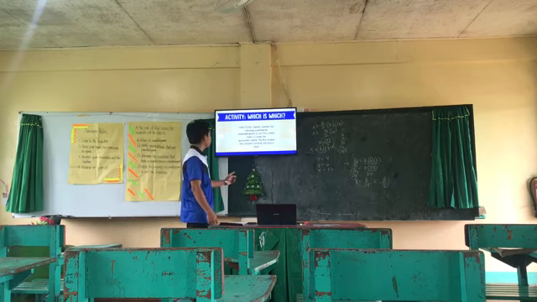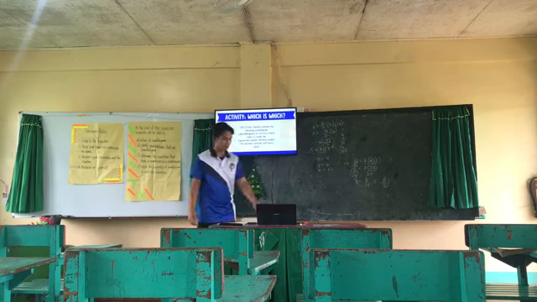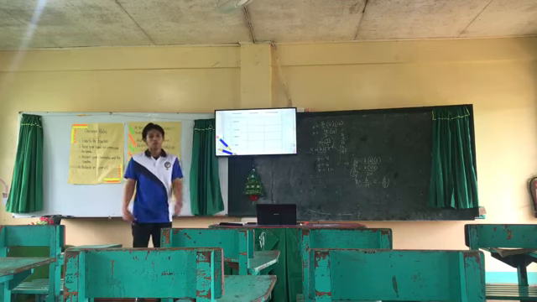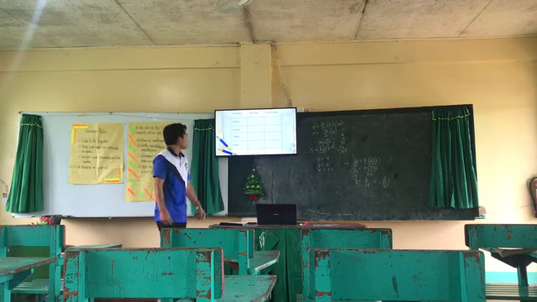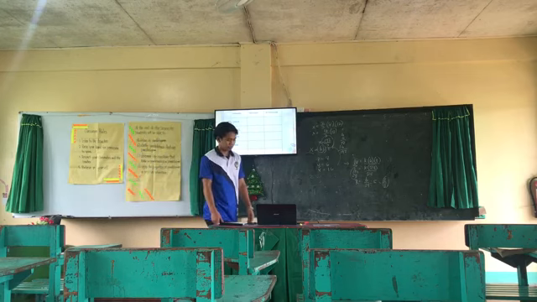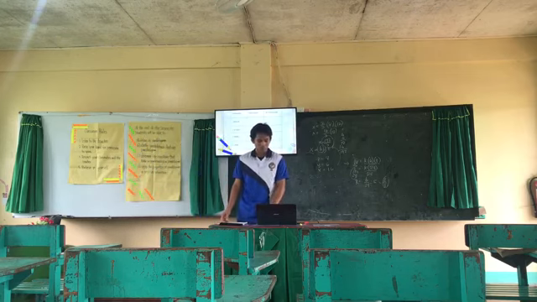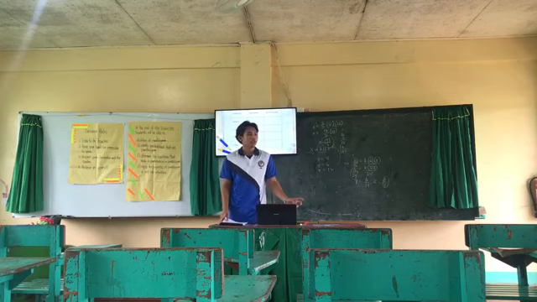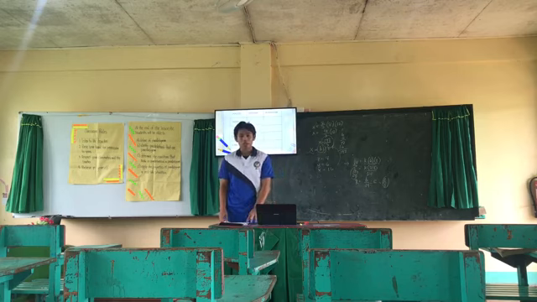We're going to put a check mark under the appropriate column. I will give you 2 minutes to answer the table. Okay, very good, class. Keep that because we're going to check it later.